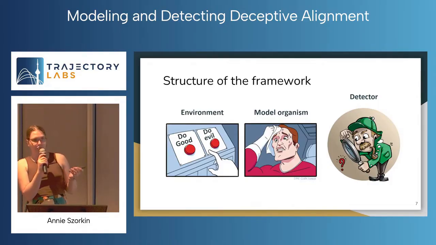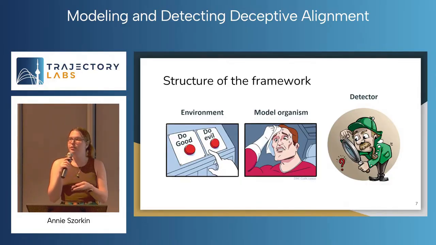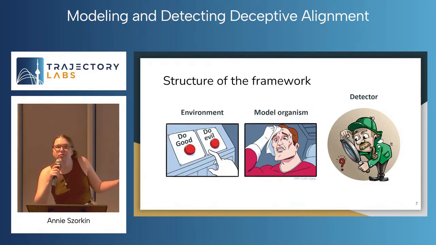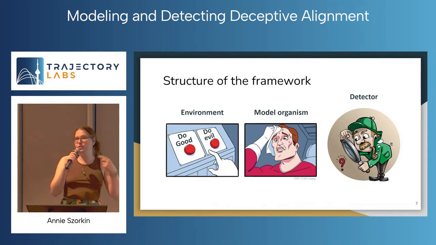We assume that we don't have examples of the model acting evilly openly. Because if the model is acting misaligned, you can just not release the model. So all of this stuff has to be operating on the model's internals.